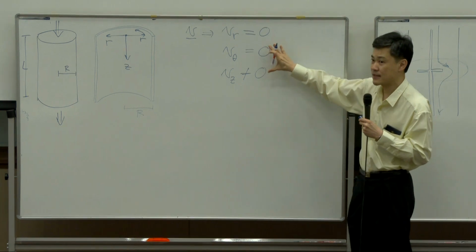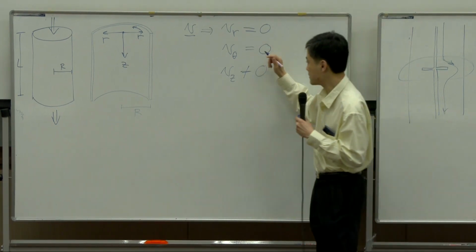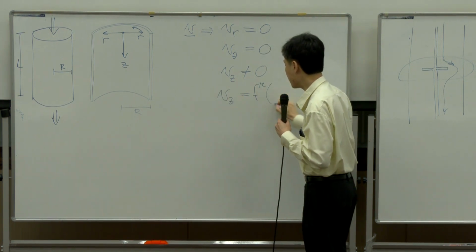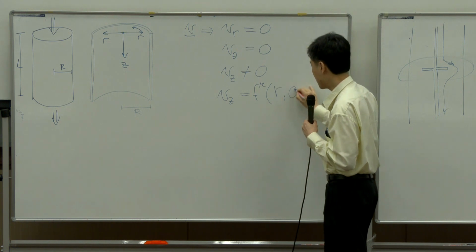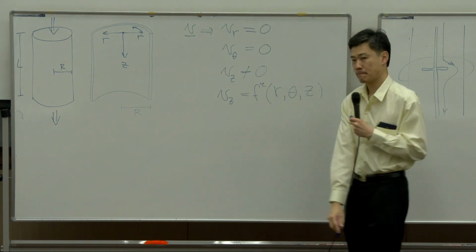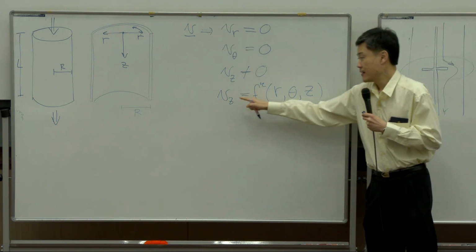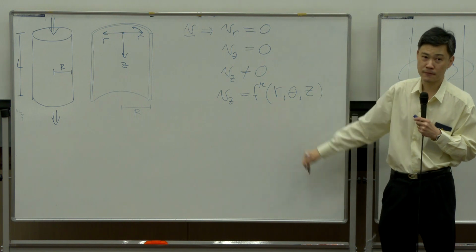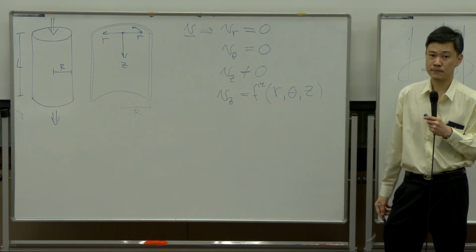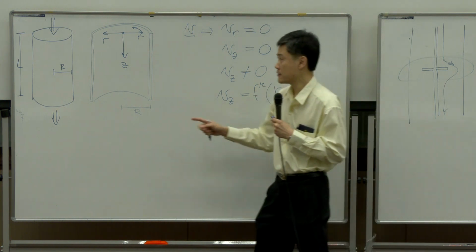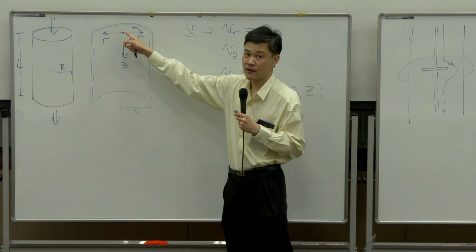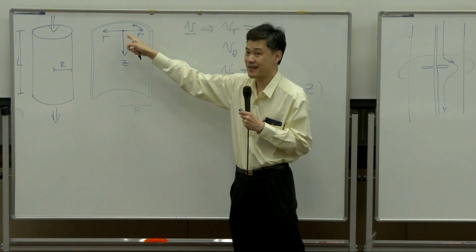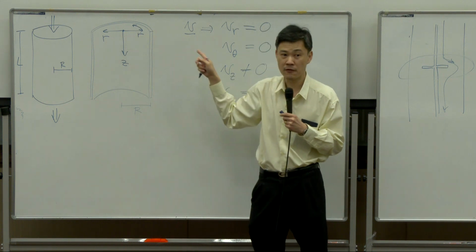So once you set this up, the next question is asking yourself, vz is not 0, it is a function of what? R, theta, z. Is vz changing with respect to r? So use your finger, starting from the origin point, going in the r direction, and imagine your finger, does it experience different flow?